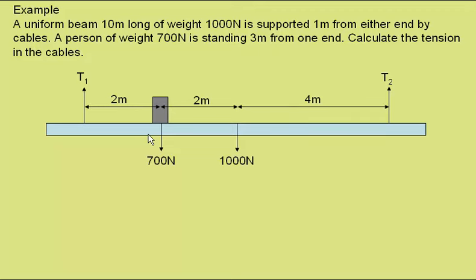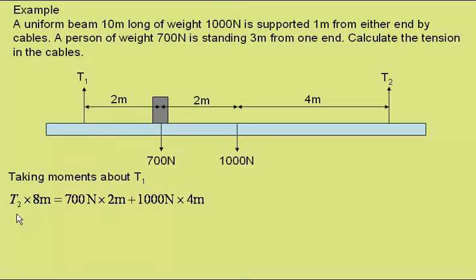Now the forces I'm trying to find are T1 and T2, so if I take moments about either this point or this point, it means that these unknown forces will have zero moment, and so will be eliminated from my equation. I'm going to take moments about T1.